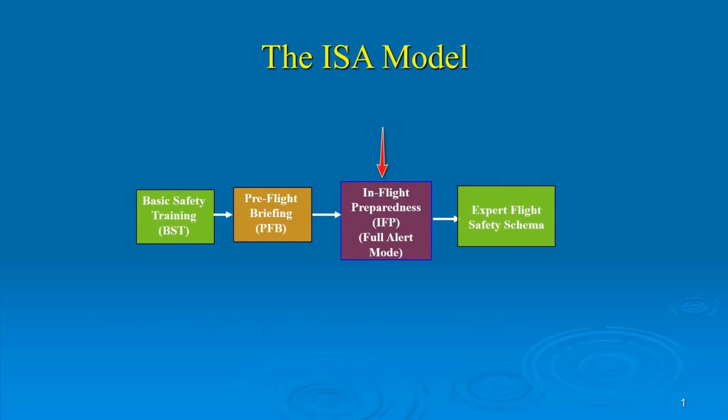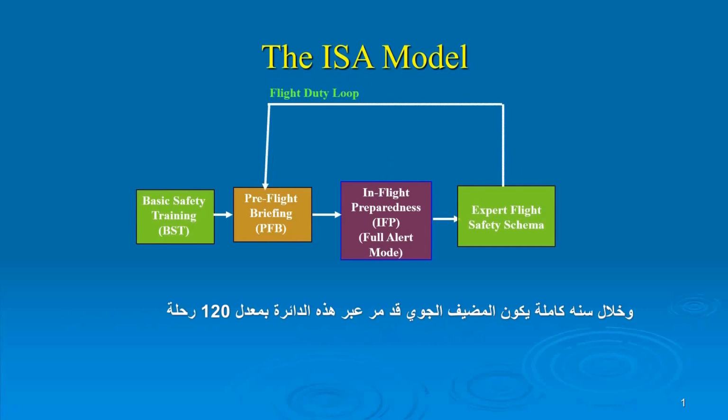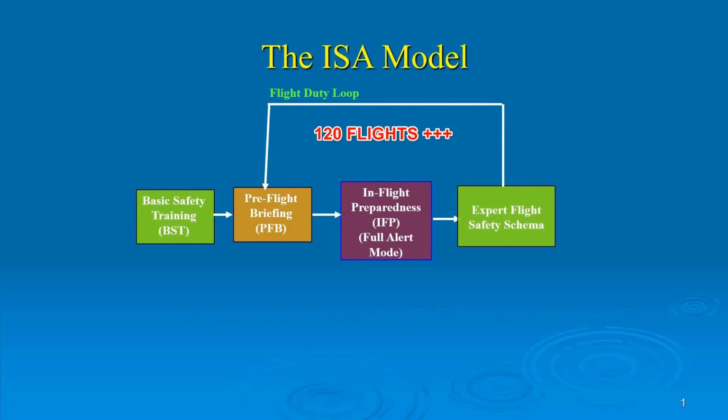We note here that in a typical airline, the flight attendant goes through this loop, the flight duty loop, which is the pre-flight briefing, the expert flight safety schema, and the in-flight preparedness, a minimum of 10 flights every month. In a calendar year, he would have gone approximately 120 times through this loop.